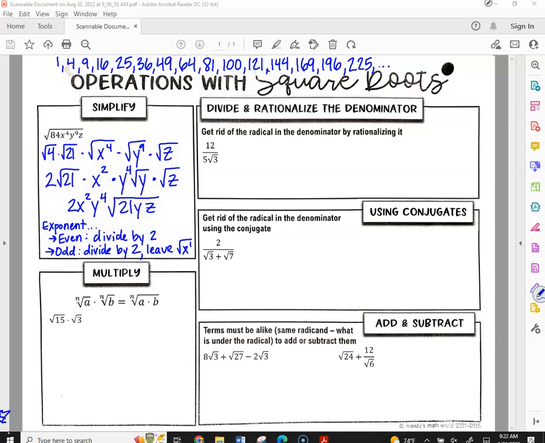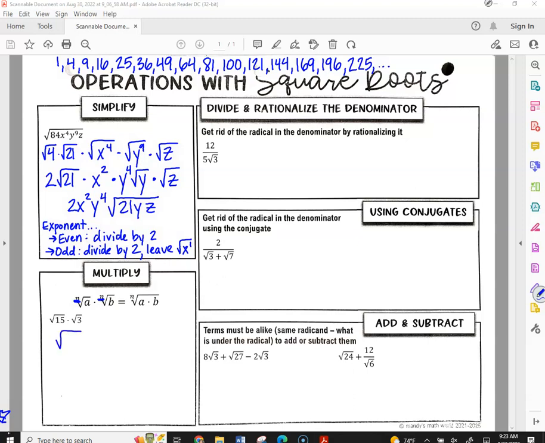Okay? So that's why this right here is saying, hey, if you have some type of root times another root, as long as the type of root that you're finding matches, you can show them together and write it under one radical. So like right here, this is the square root of 15 times the square root of 3.